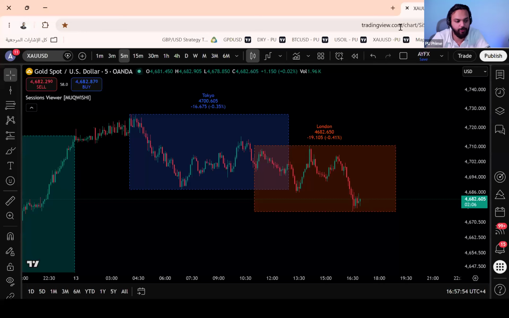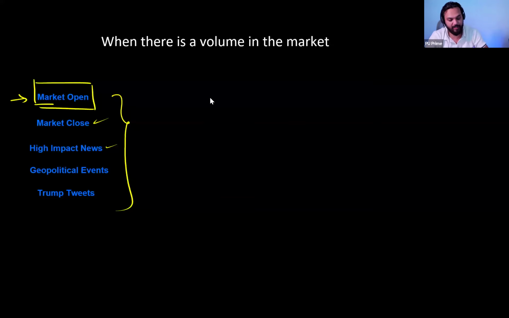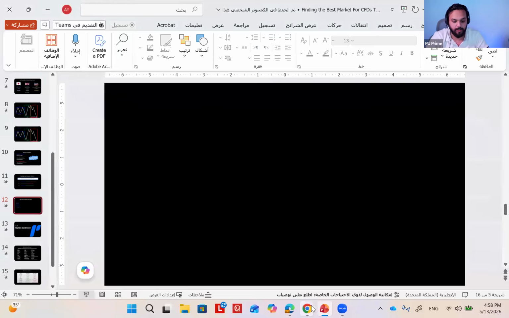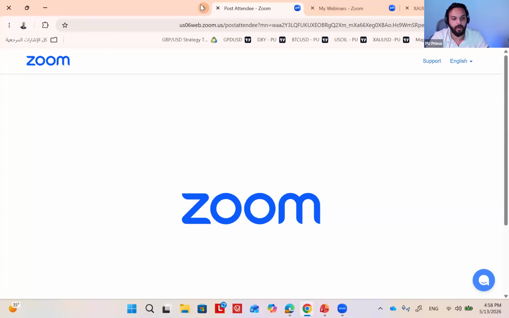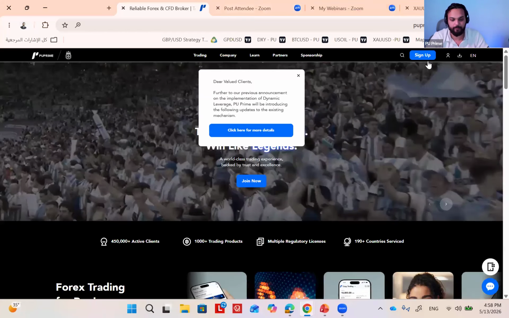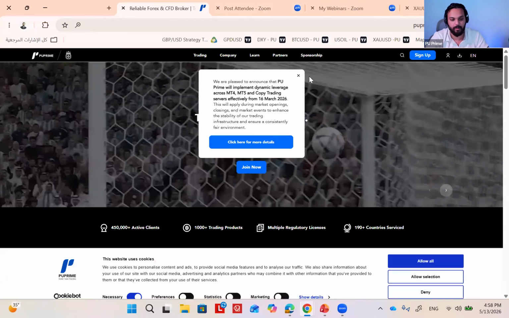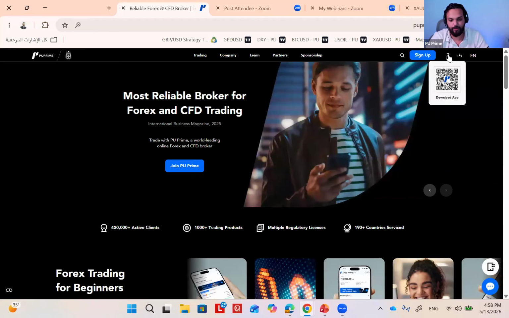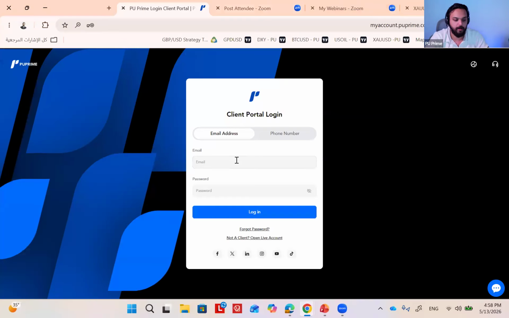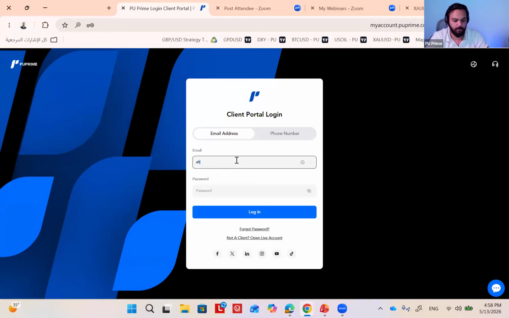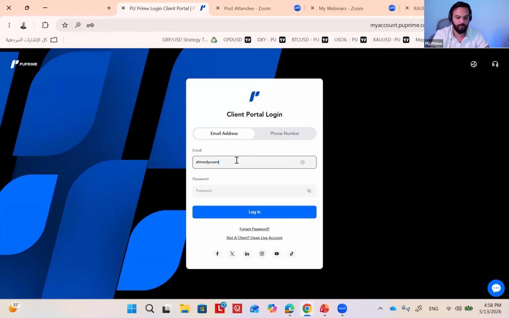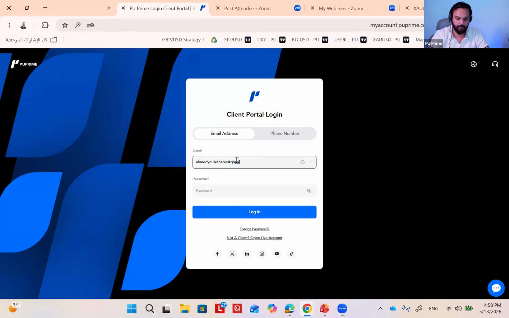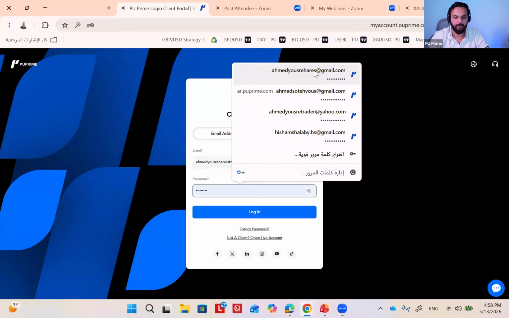Anyhow, I'm going to share the link, but there is no specific link for the community. It's going to take you directly from here. So this is PU Prime, for example. You will just enter your email and then your password.